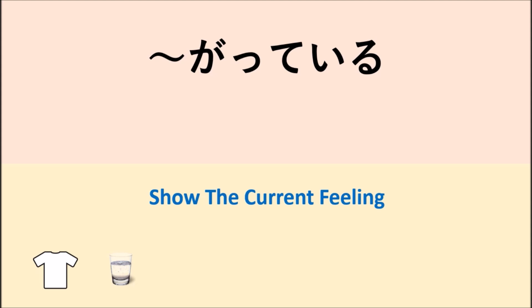The current feeling is when you talk about something specific to someone, just Mr. A or Mr. B. So if you use がってる, it means we see somebody and we specify that that person wants to do that thing. So it's different from がる, which we use in general, but here we use it to specify someone only.